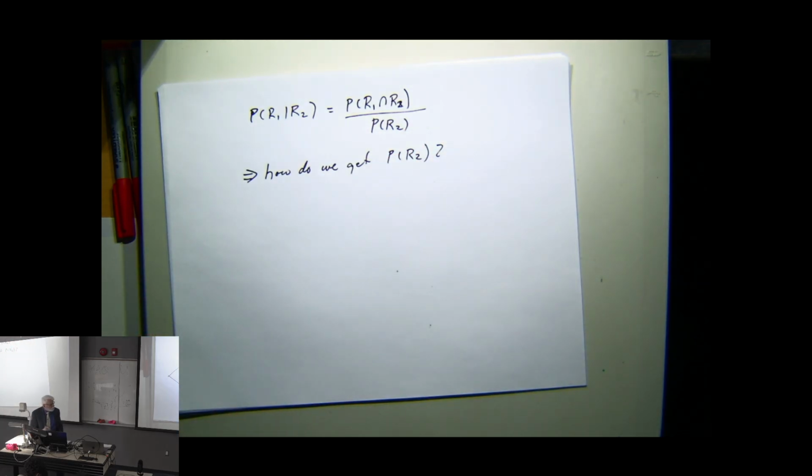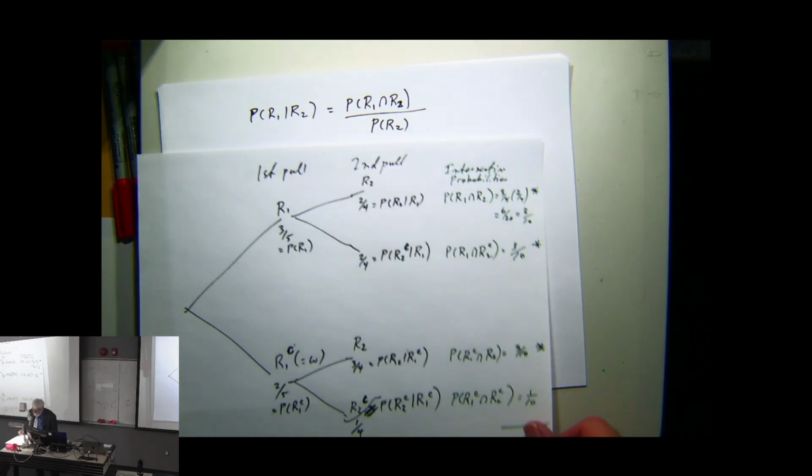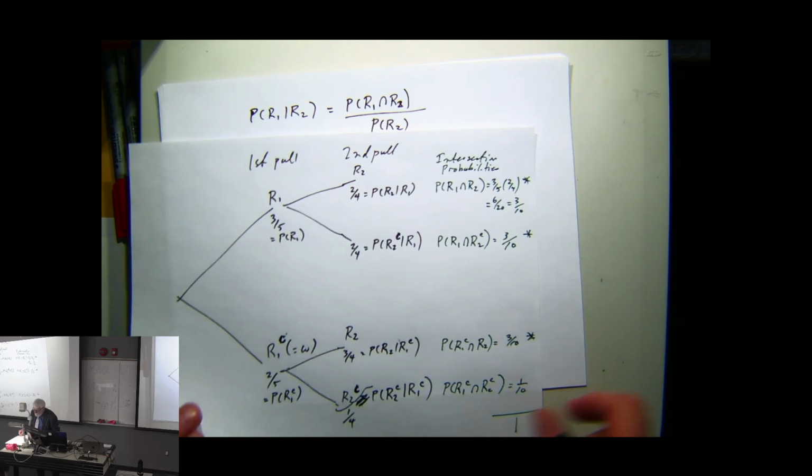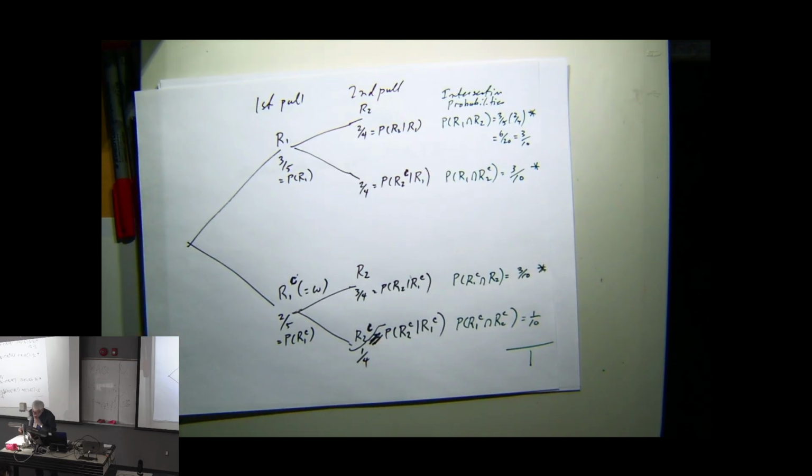How are we going to get the probability of R2? Interesting question. Actually, that was the third question that we had there. So what do we know about getting the probability of R2?